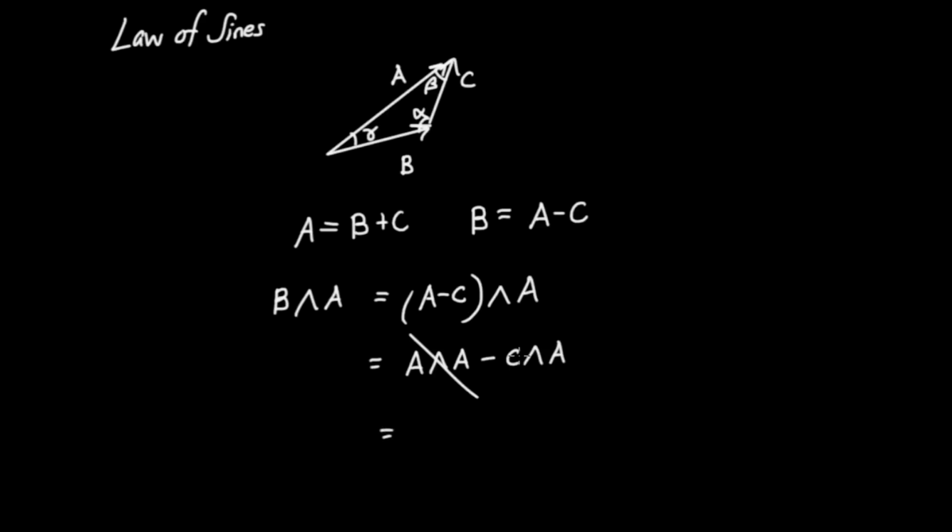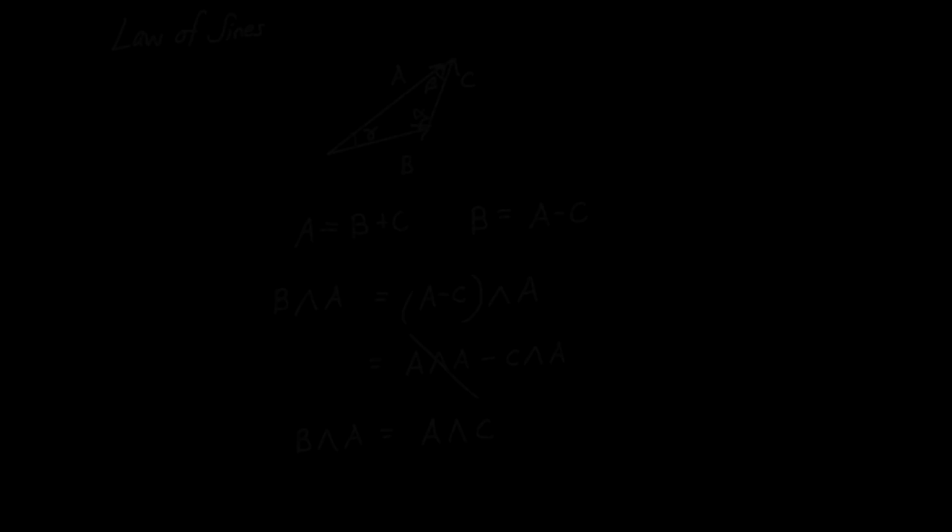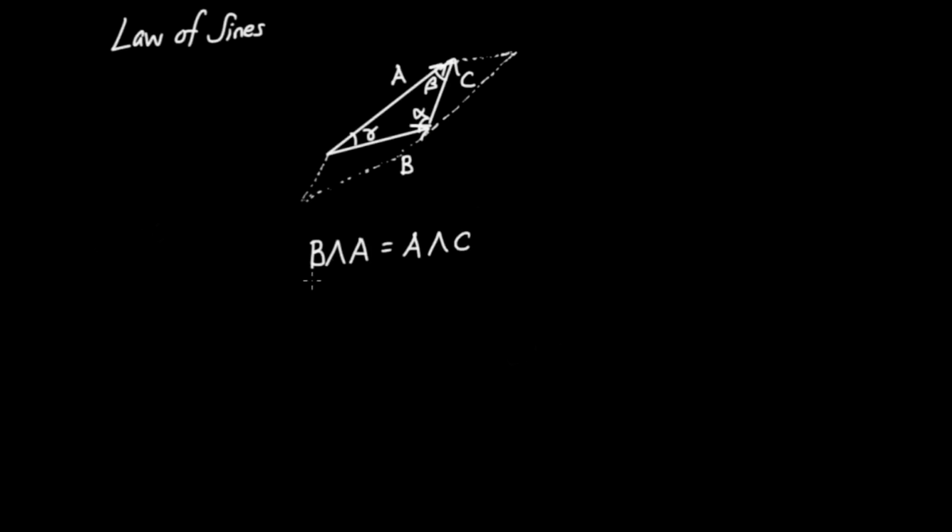But remember, I can flip the order of the two vectors as long as I include a minus sign. So minus C wedge A is actually equal to minus minus A wedge C, or just plain old A wedge C. So what I've discovered here is that B wedge A is the same bivector as A wedge C. This is actually a pretty interesting statement already, and I've attempted to illustrate that up here.